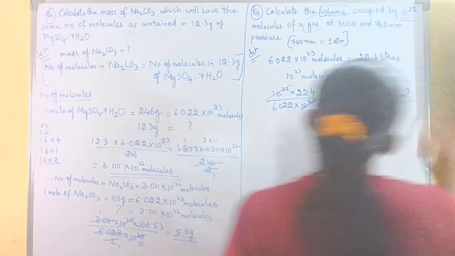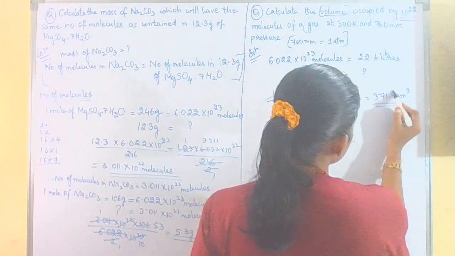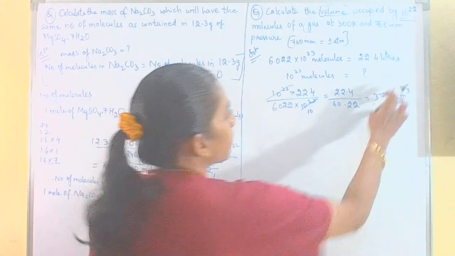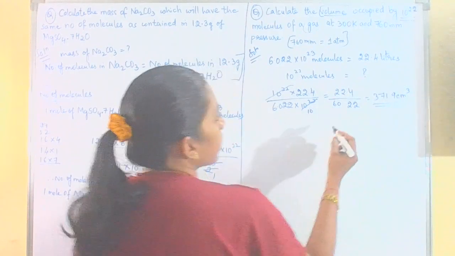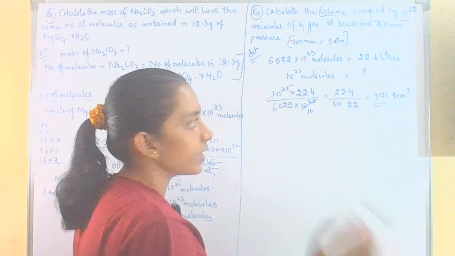Okay. You have to calculate it and see whether it is correct or not. After the decimals, you have to see. So we have calculated the volume of 10 to the power 22 molecules at STP.